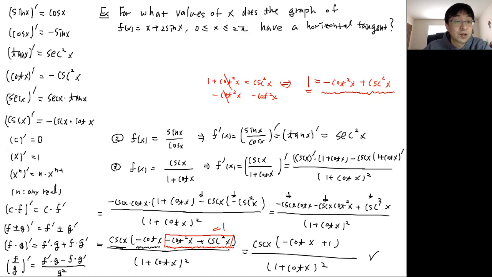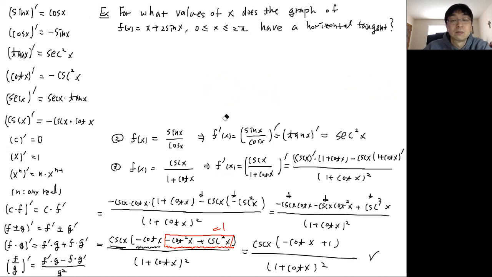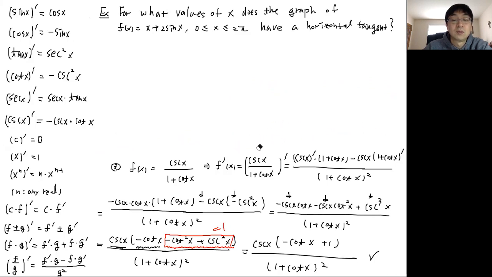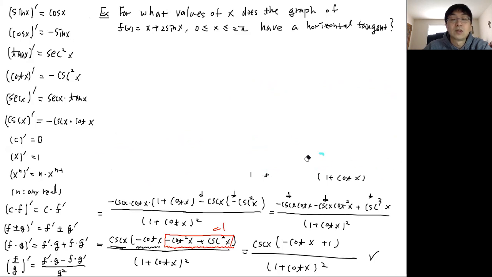This is the equation. How can I solve this problem? Let me see. So what does it mean? The tangent line is horizontal.